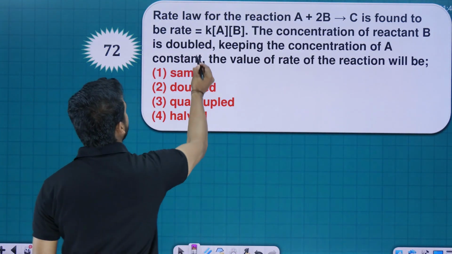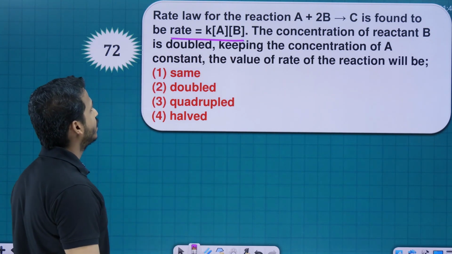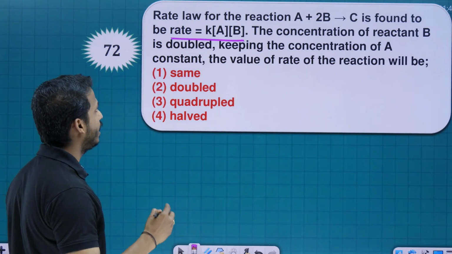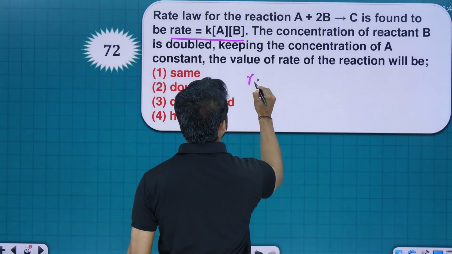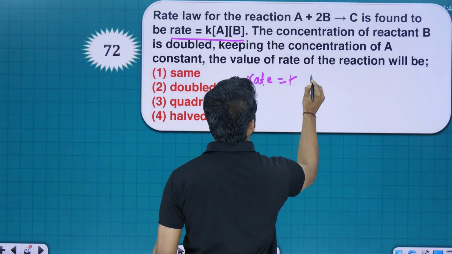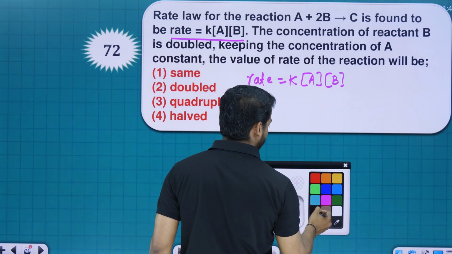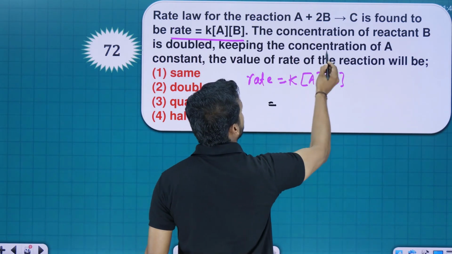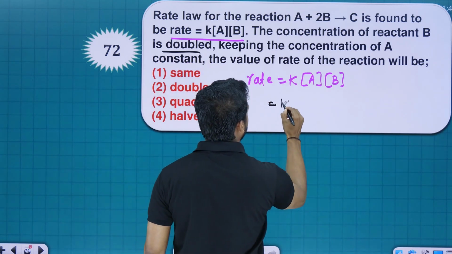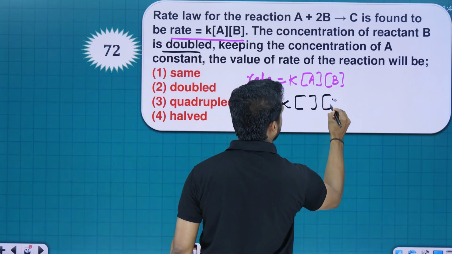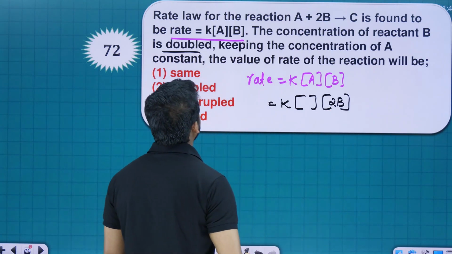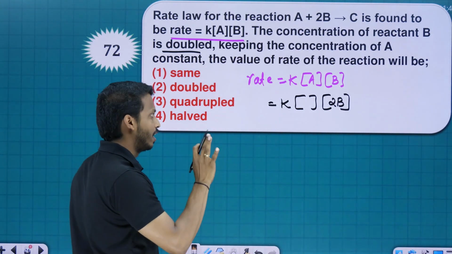The rate law for the reaction is given, all right. Initially the rate is given as K into A into B. Now they increase the concentration of reactant B to double, so the B concentration becomes 2B, keeping the concentration of A constant as it is.